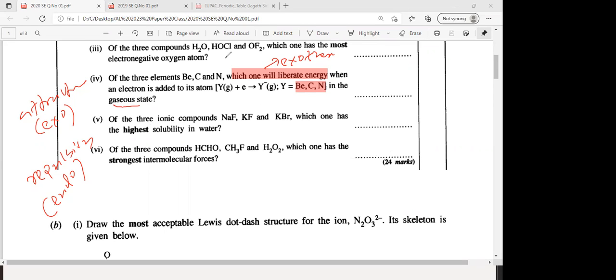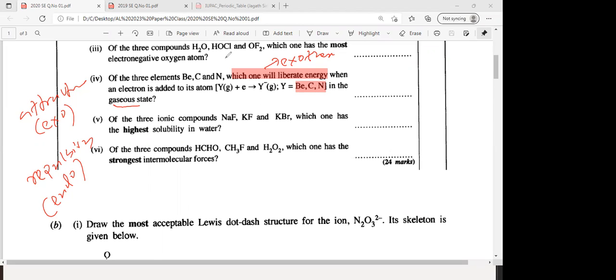Fluorine has the highest electronegativity, so when it's bonded to oxygen, it has the highest electronegativity. Chani is asking, sir, can't we simply say fluorine has the highest electronegativity, so when it is bonded with oxygen... Now they are asking the electronegativity of oxygen, not fluorine.